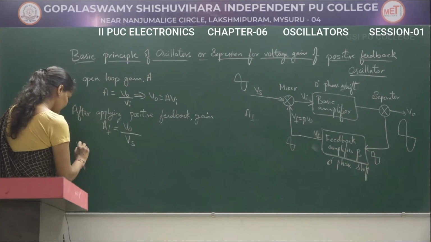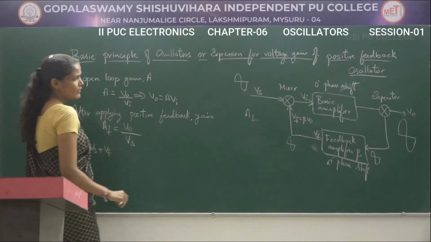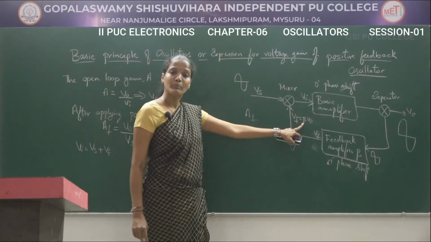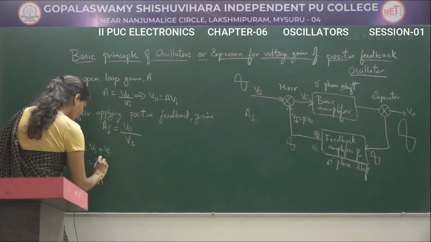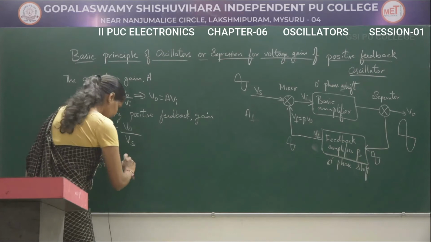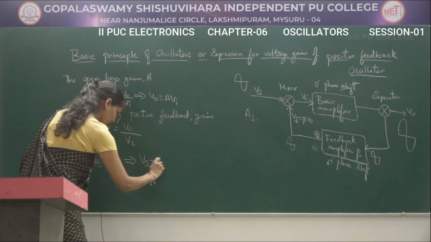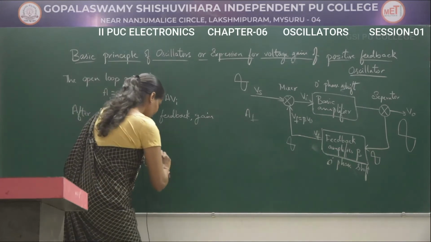Vi is equal to Vs plus Vf, but we know that Vf is equal to beta into V0. So Vi is equal to Vs plus beta into V0, and this expression can be altered as Vs is equal to Vi minus beta times V0.